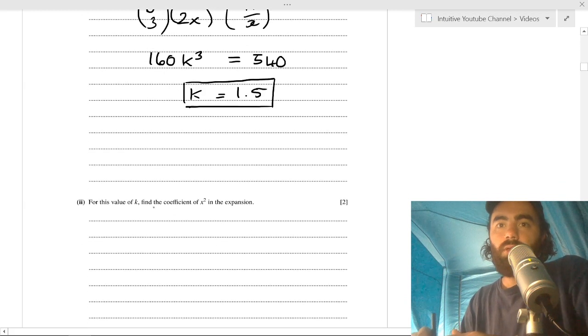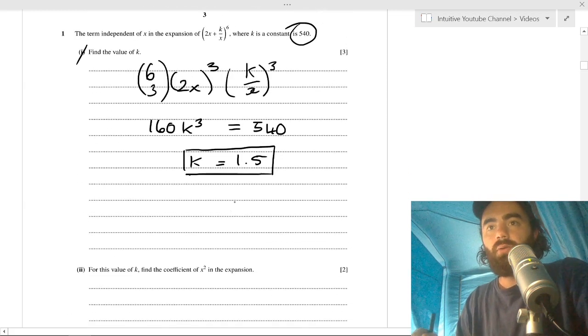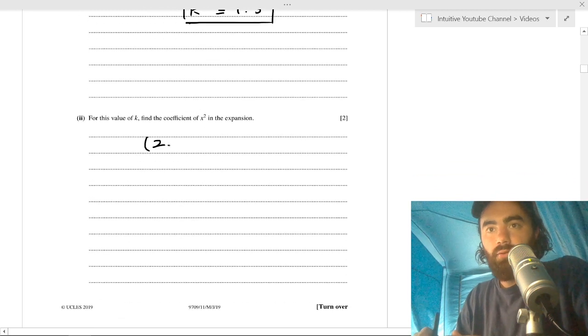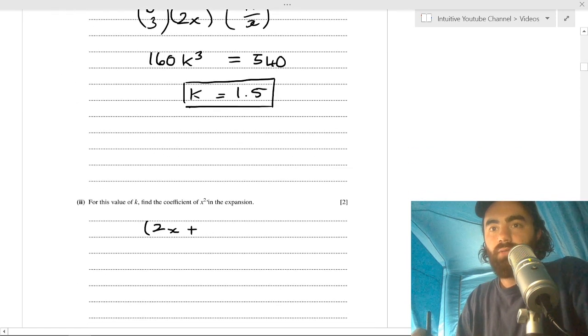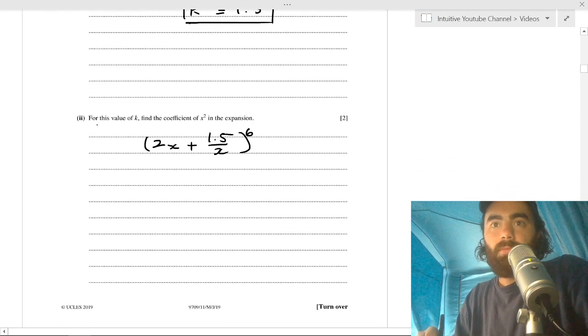Cool. And then it says, for this value of k, find the coefficient of x squared. Well, let's just put this into here. So we have (2x plus k, which is 1.5, over x to the power of 6). And it wants us to find now the coefficient of x squared.